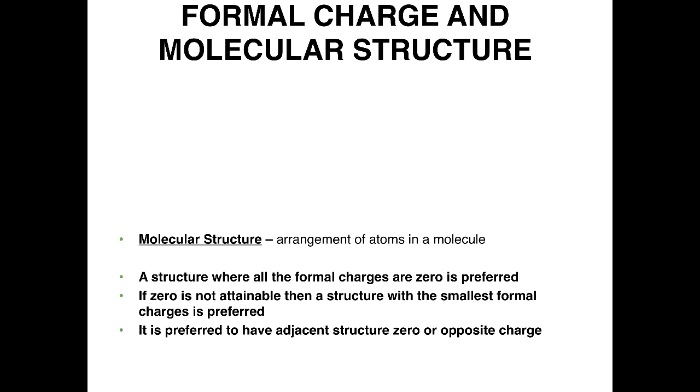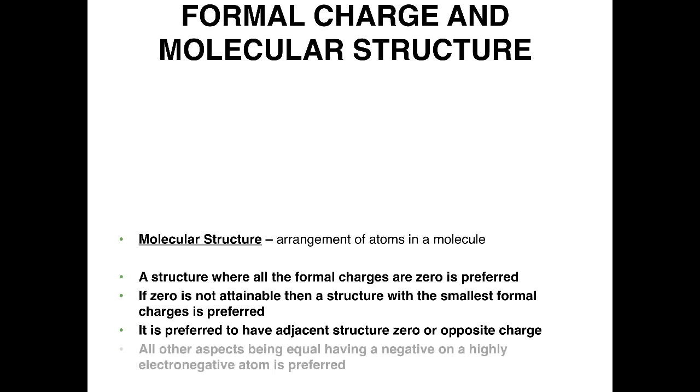It is preferred to have adjacent atoms be 0 or opposite charges. And then lastly, all else being equal, it's preferred to have a negative formal charge associated with an atom with a high electronegativity.